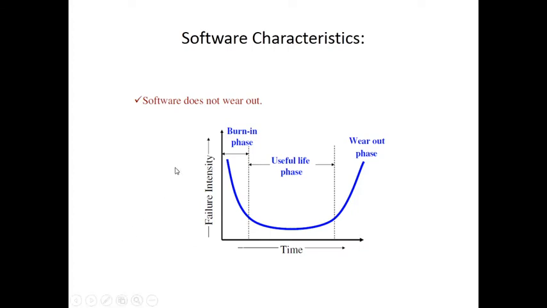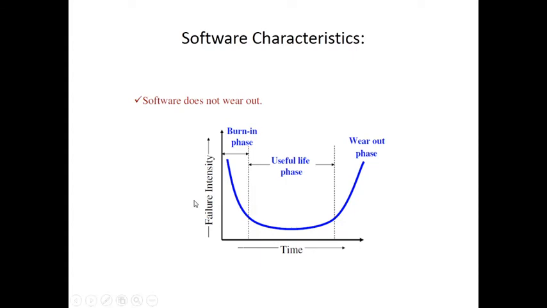We call this part the burn-in phase, right? Then what we do, we assemble it. As you assemble it, it comes under useful life once you install the operating system. So this is the useful life. Assembling all the things, installing the operating system, it comes under the useful life. But what happens after some time?